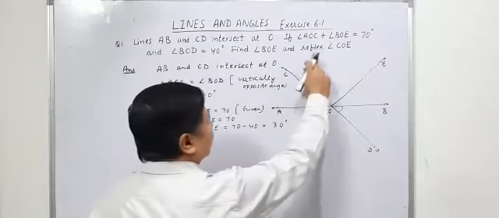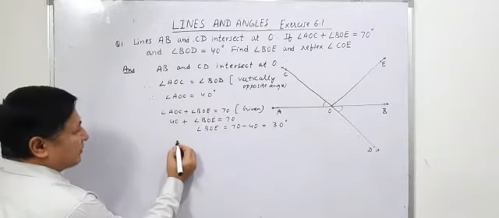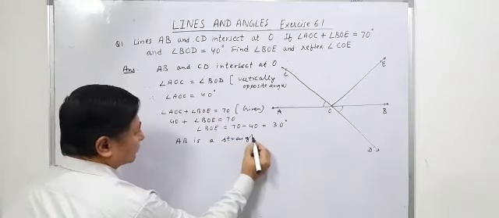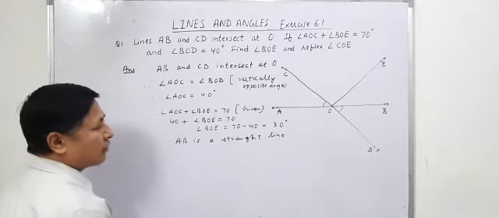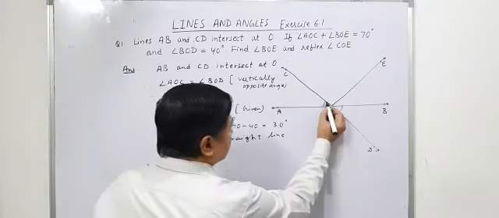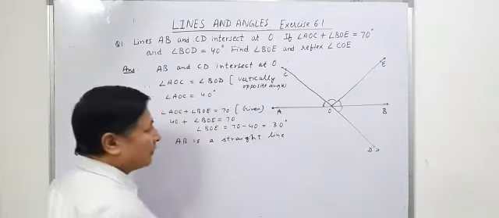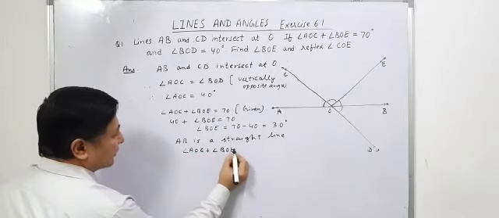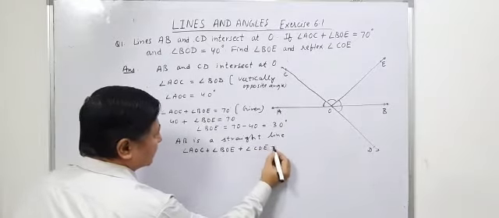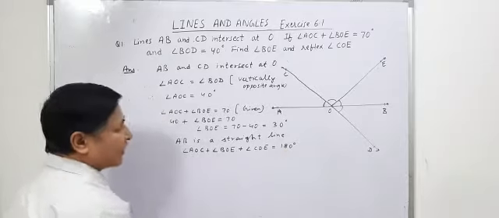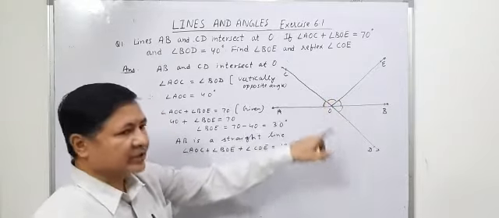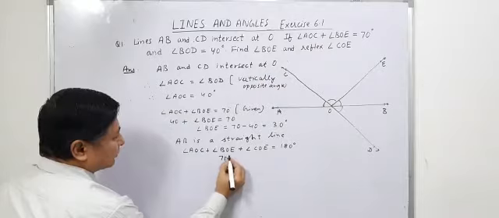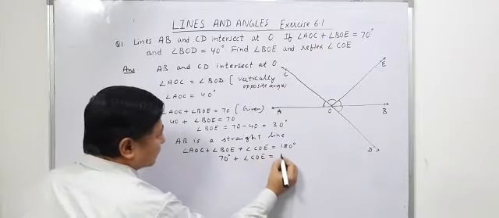Now we have to find the reflex angle COE. See, AB is a straight line, and we know that the sum of all the angles in a straight line is 180 degrees. So angle AOC plus angle BOE plus angle COE is equal to 180 degrees. Angle AOC plus angle BOE, given in the question, is 70 degrees, plus angle COE is equal to 180 degrees.